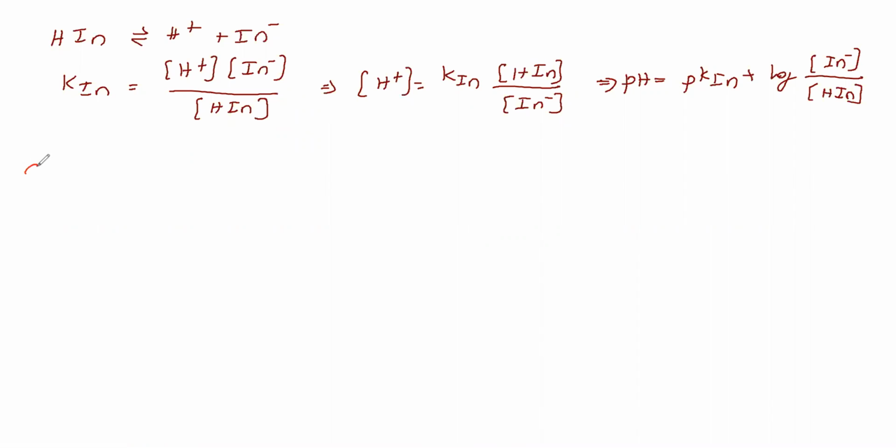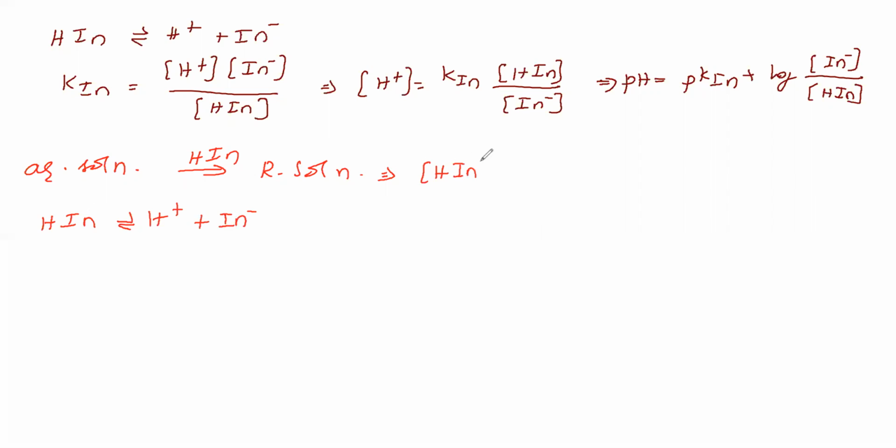Now we will take an aqueous solution. To this aqueous solution, we are adding HIn. Now we are getting the resultant solution. In the resultant solution, this indicator will be in equilibrium. That means in the resultant solution, HIn is present as well as In minus is present. Now this HIn should be dominant. We want In minus to be very less.